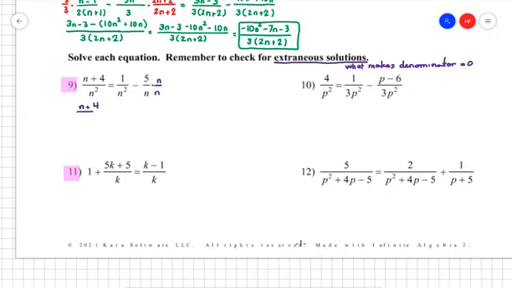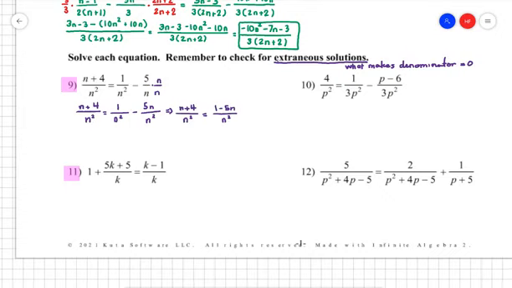So n plus 4 over n squared equals 1 over n squared minus 5n over n squared. Now on the right, they have common denominators. So I have n plus 4 over n squared is equal to 1 minus 5n over n squared.